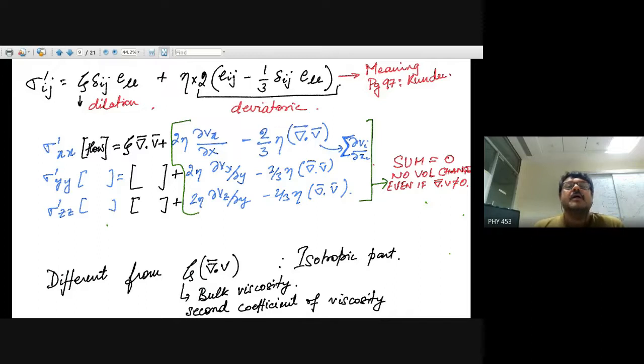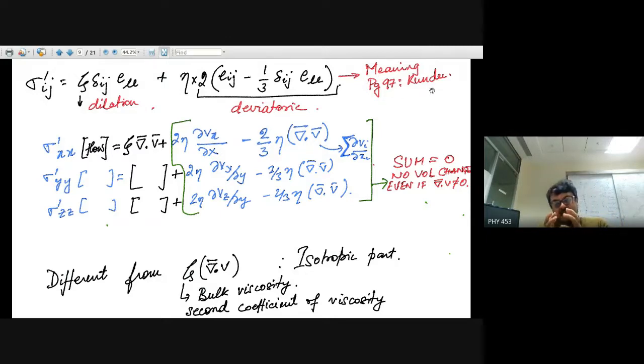Or you could have del Vx del x minus 1/3 divergence of V. And what does this mean? This is explained very well on page 97 of Kundu.